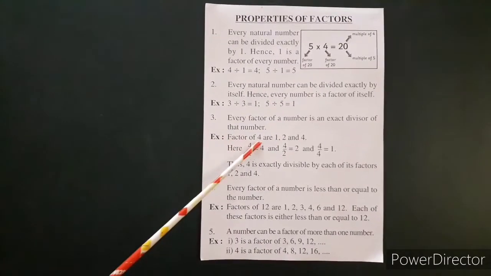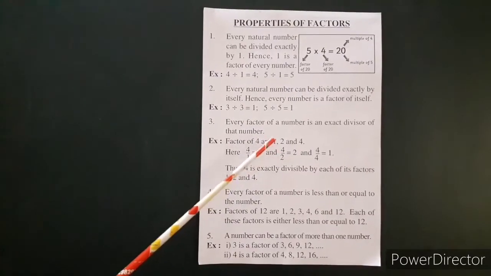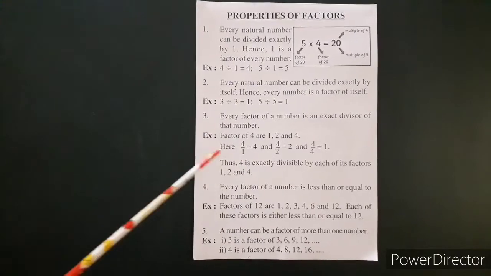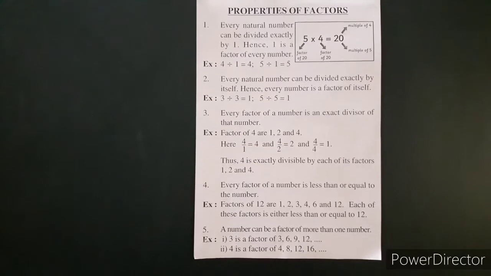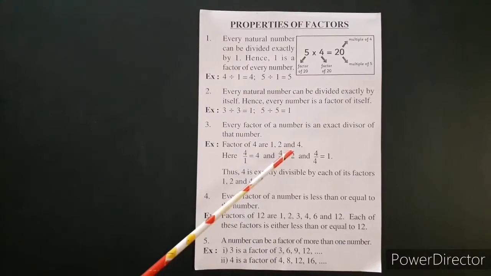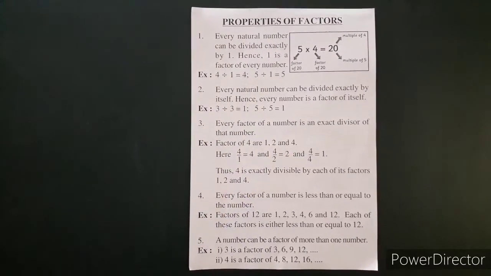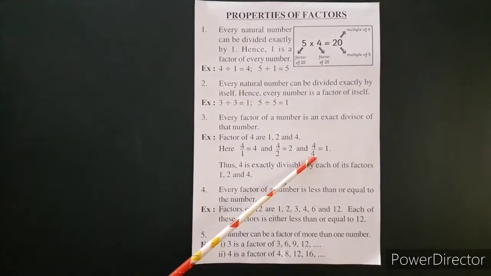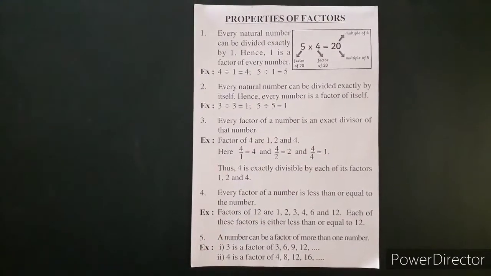Example, factors of 4 are 1, 2 and 4. 4 divided by 1 is equal to 4. 4 divided by 2 is equal to 2. 4 divided by 4 is equal to 1.